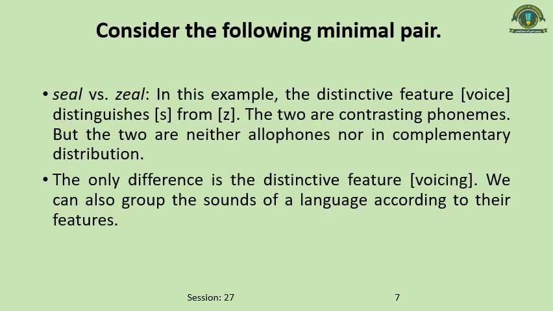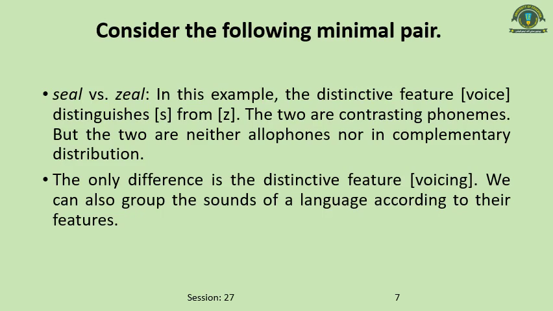Seal and zeal. Both the words have three phonemes each. S, E, L. And Z, E, L. Seal and zeal. So in this example, the distinctive feature, voice, distinguishes S from Z.